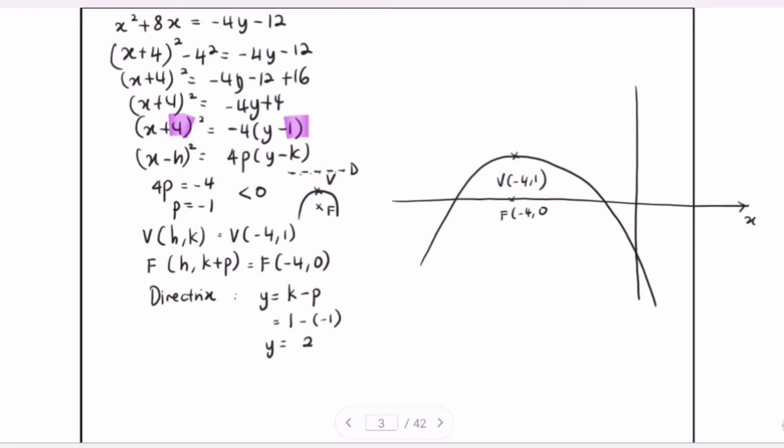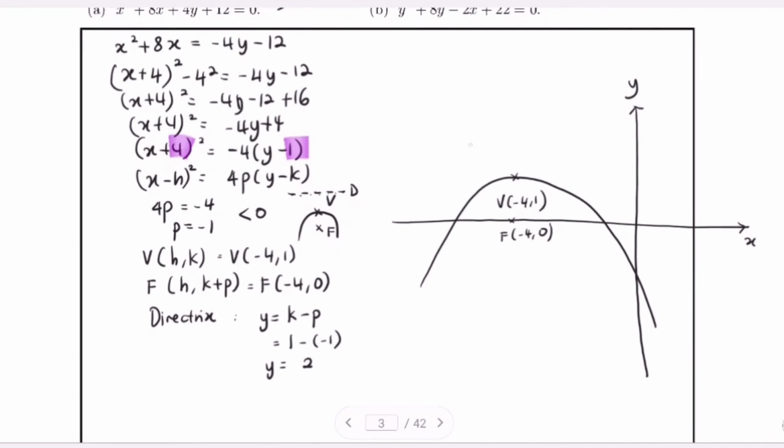And this is the y-axis. Okay, so our directrix should be somewhere over here. So label with y equals 2. And this is the origin over here.